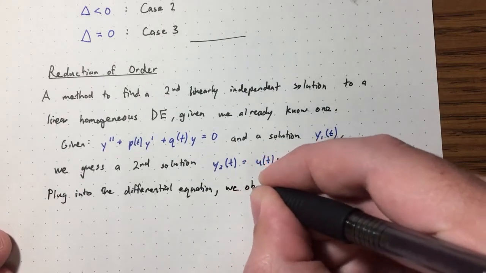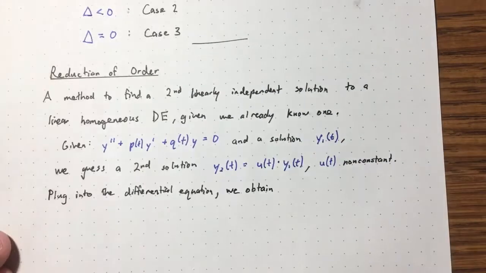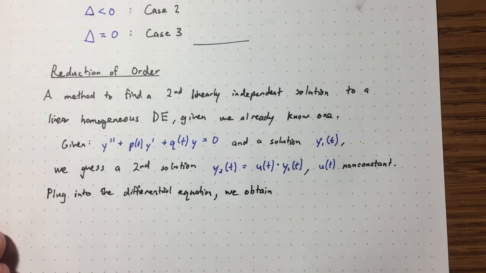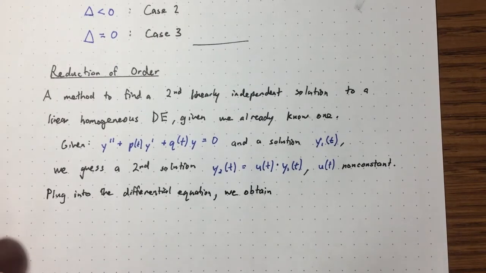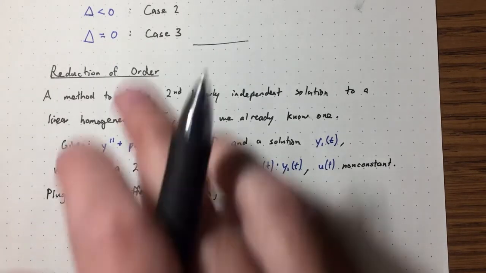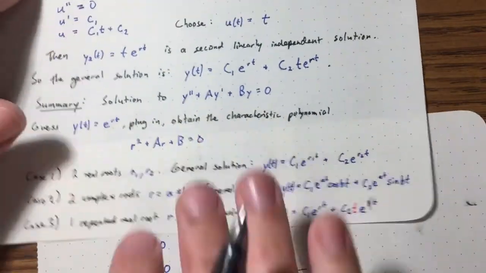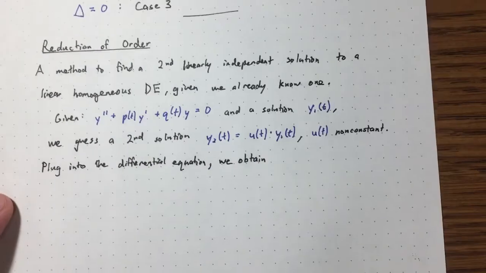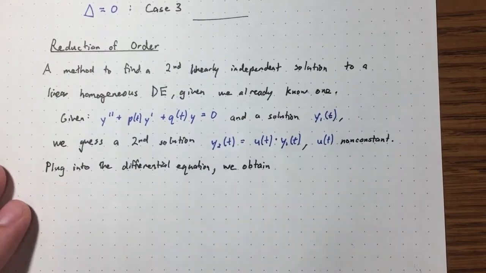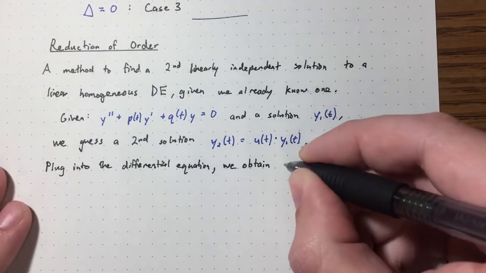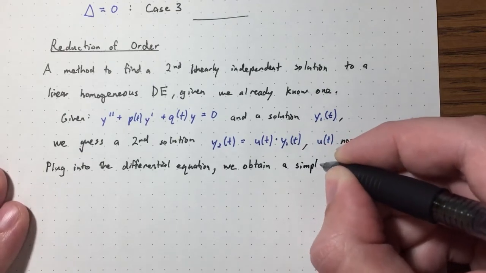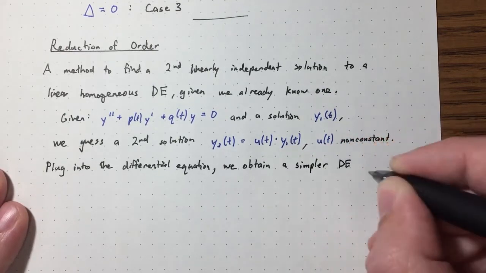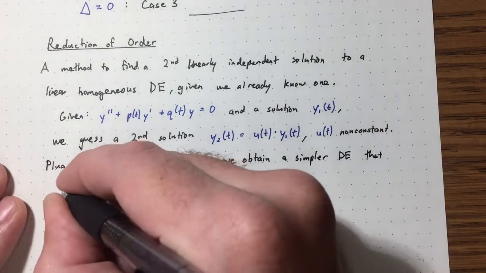That seemed kind of amazing in that example, but it turns out this is always going to happen. It won't quite be as simple as u double prime equals 0, but the order of that differential equation is going to be reduced, and hence the term reduction of order. So we obtain a simpler differential equation that can be solved for u.